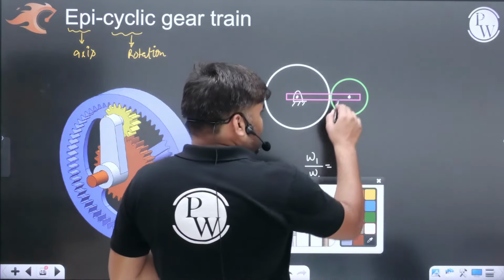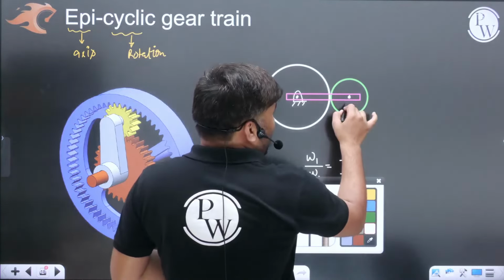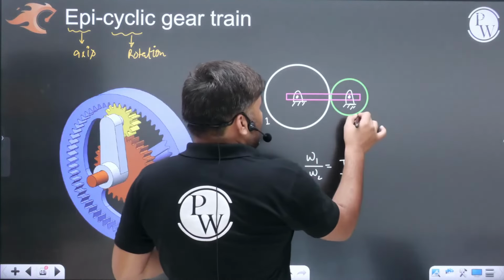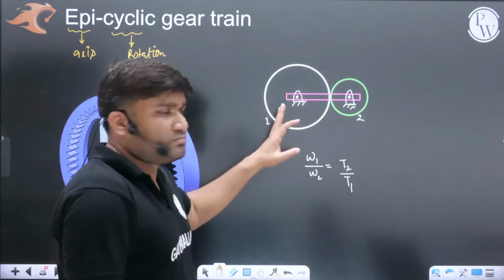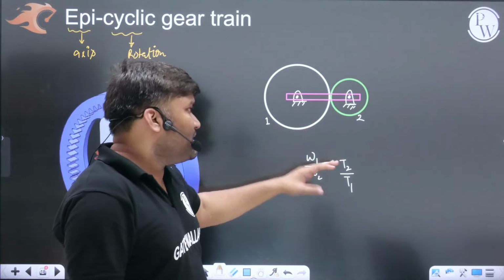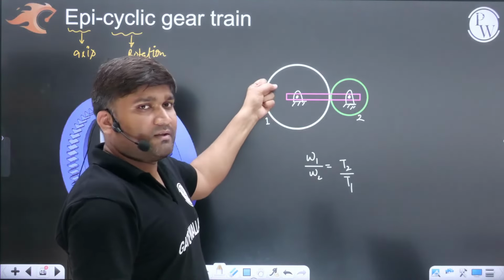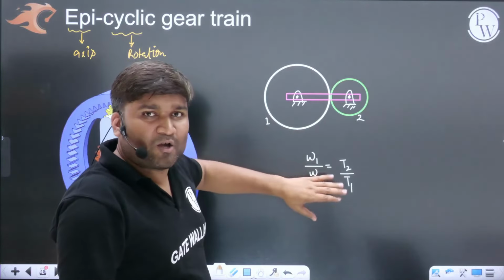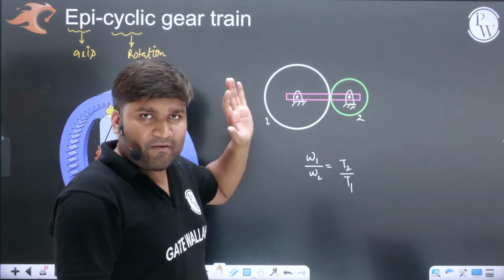Suppose for a moment the arm is not rotating, the arm is fixed. Both gears are rotating about their fixed axes. This is gear 1 and this is gear 2. Omega 1 by omega 2 is T2 by T1. If I hold gear 1, gear 2 will automatically stop. If omega 1 is 0, omega 2 has to be 0. No other option they have.